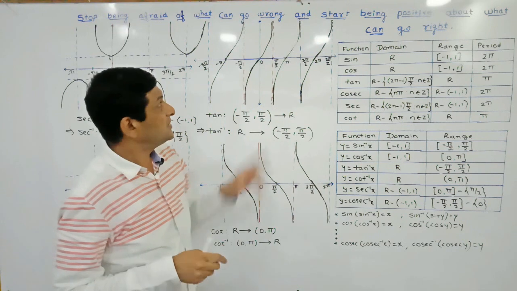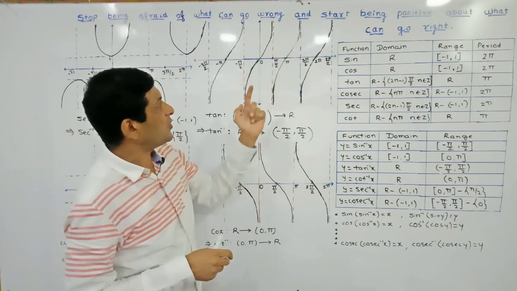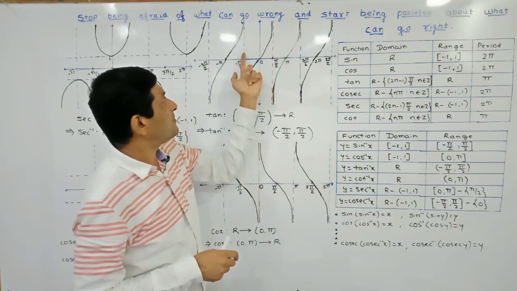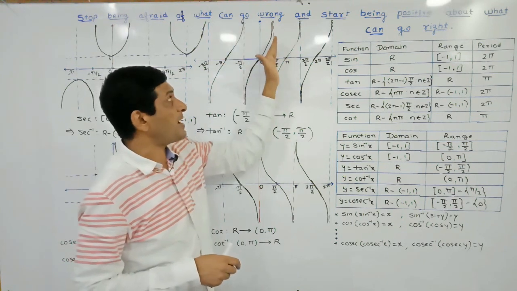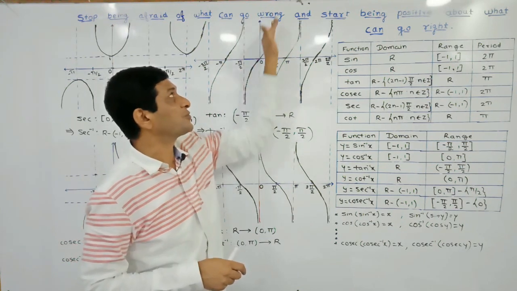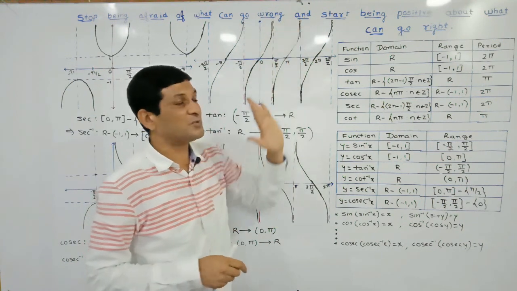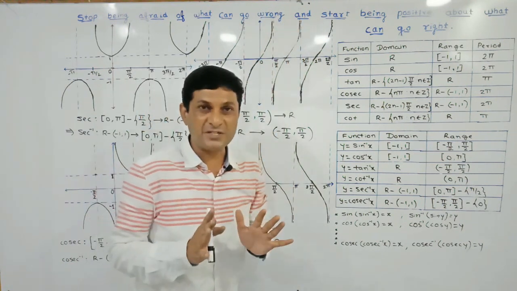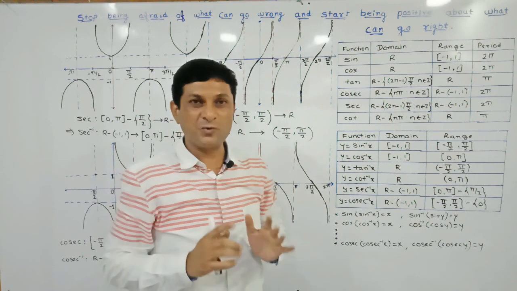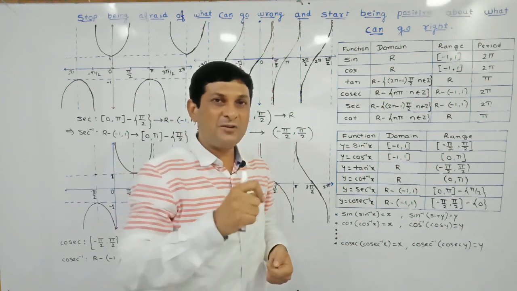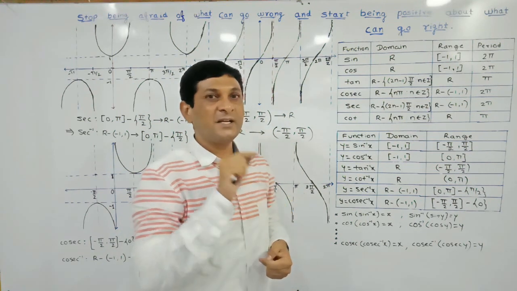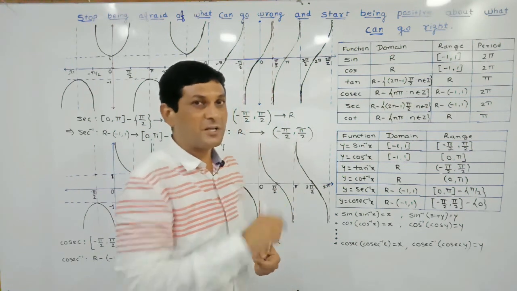But from this graph we can observe that at minus pi by 2 the value goes toward infinity, at pi by 2 it goes toward infinity, at 3 pi by 2 it goes toward infinity. Infinity means an undefined value, so the value of tan does not exist at odd multiples of pi by 2.